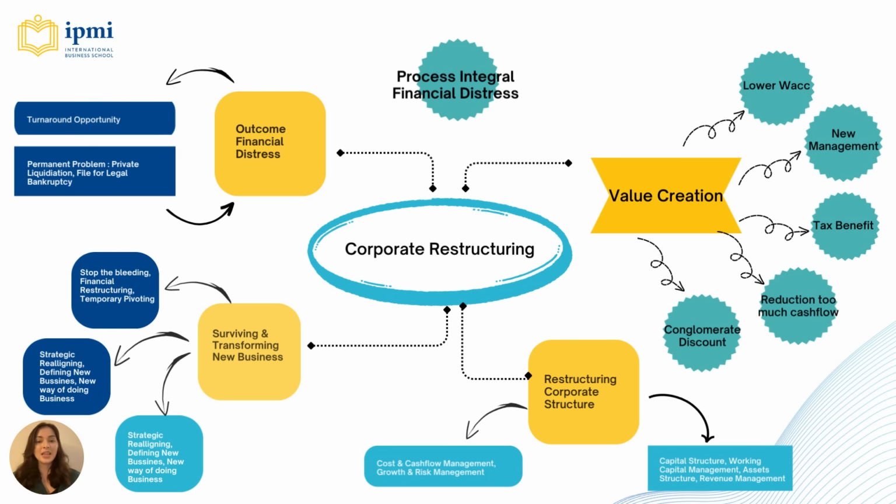Changes in this area can help companies increase productivity, improve product and service quality, and reduce cost. This may include value creation, restructuring corporate structures, surviving and transforming new businesses, and overcoming financial distress.